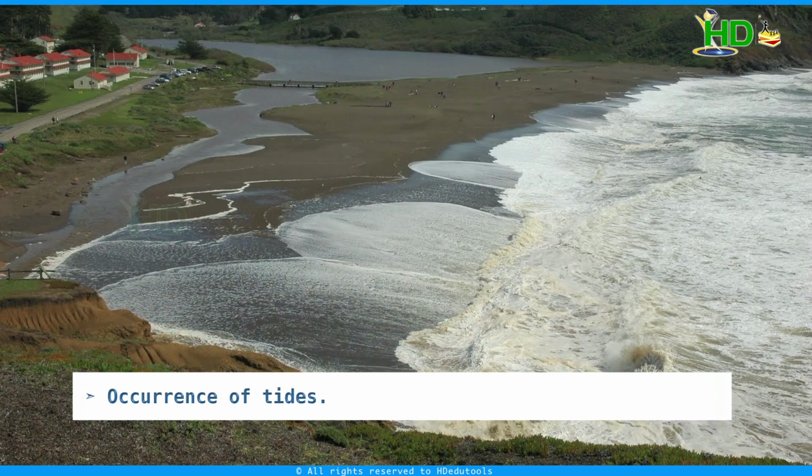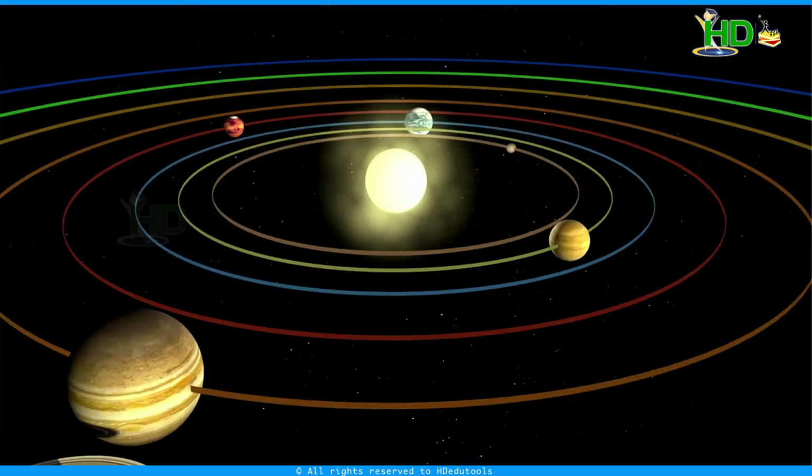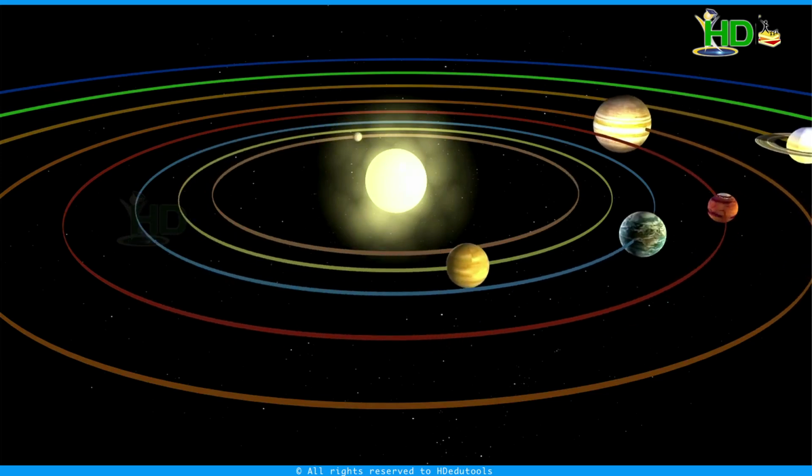Because of gravitation only, the tides occur, and it helps us in prediction about solar and lunar eclipses. The universe exists because of this gravitation, or without gravitation, there is no universe.